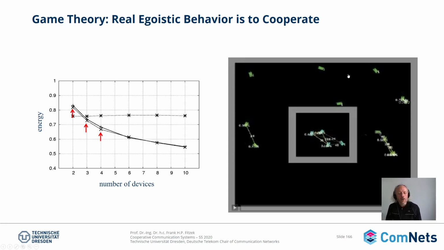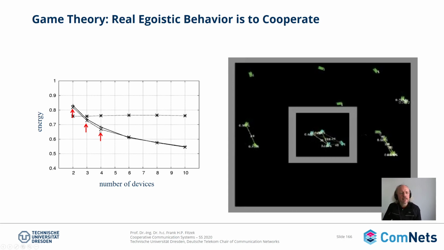So now you're not only cognitive about the strategy the others are using, you're also adaptive in changing your strategy. And then you see if the number of devices in the box is small, you can expect a small gain. If it's larger, then you will never cooperate because you will stay inside your own group and you don't need the others outside. So there is no gain to expect. But if you have a small number of players, then you get a gain.